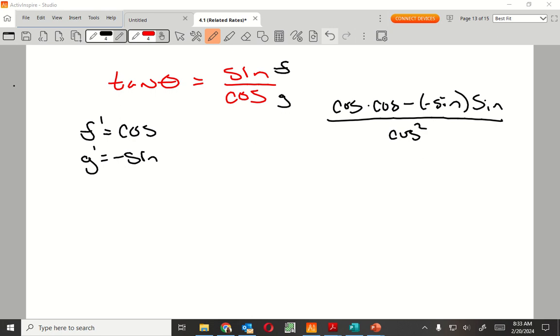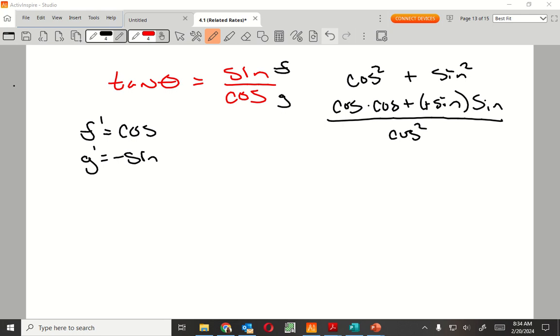And the minus and negative makes it a positive. So cosine times cosine is cosine squared, plus sine times sine is sine squared. Now, what is cosine squared plus sine squared? It's an identity.